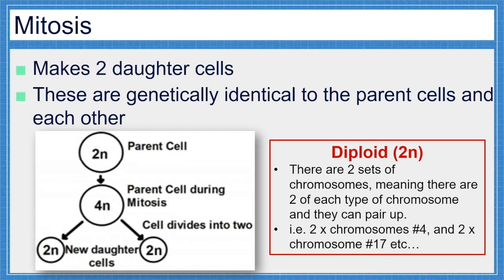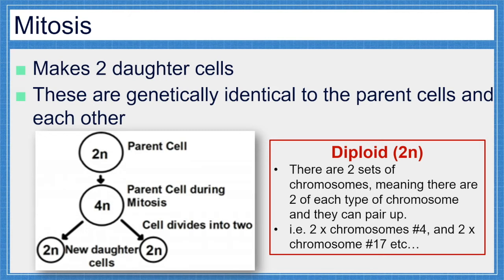All right, so you can see here we start with a parent cell that is 2N, it's diploid. Now it does have to undergo DNA replication, and once it's undergone DNA replication, because it's copied all its DNA, it technically at this point has double what a diploid cell would have. So instead of having 2N, it actually has 4N. But because of how DNA replication works and the fact that the copies are still attached to each other, you don't actually change the number of overall chromosomes.